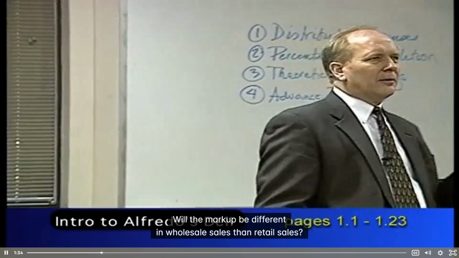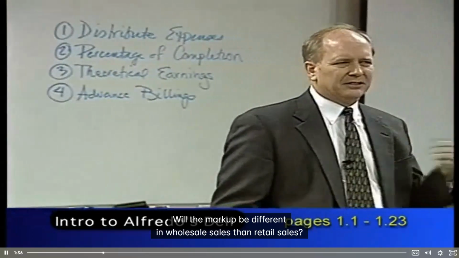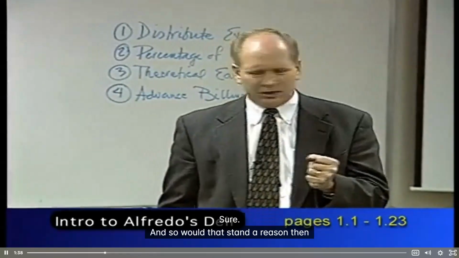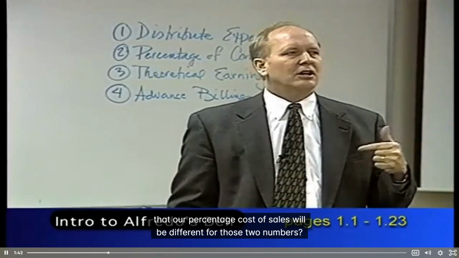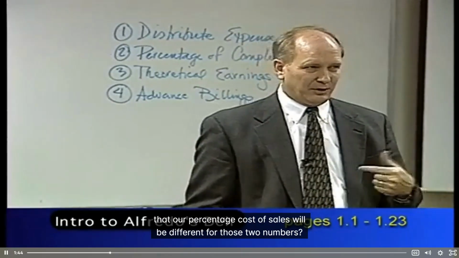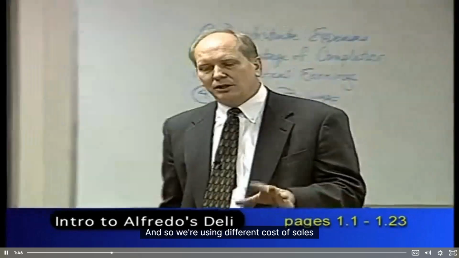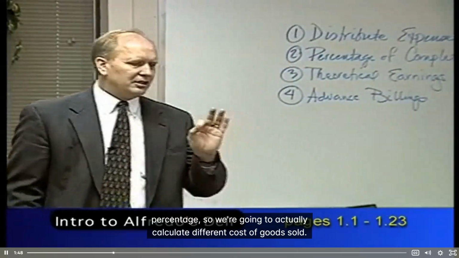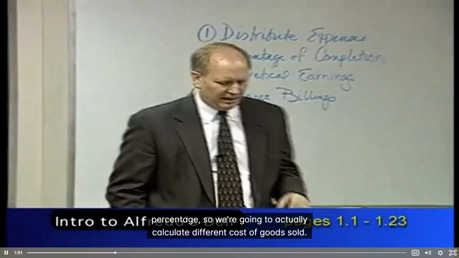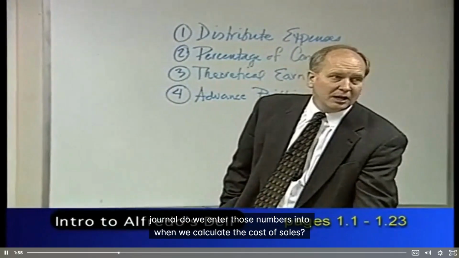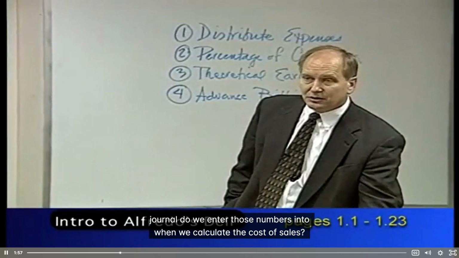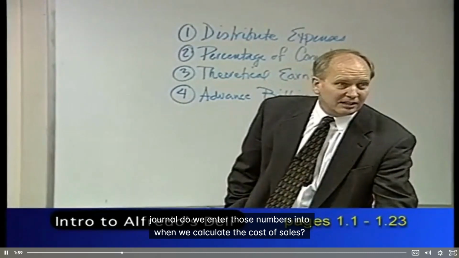Will the markup be different in wholesale sales than retail sales? Definitely. Sure. And so would that stand to reason then that our percentage cost of sales will be different for those two numbers? And so we're using different cost of sales percentages, so we're going to actually calculate different cost of goods sold. And you'll see that as we get to what journal do we enter those numbers into when we calculate the cost of sales.